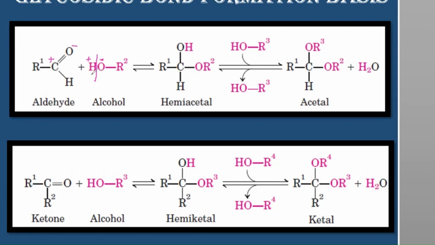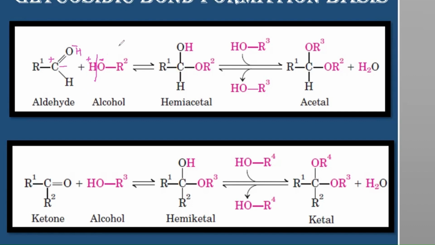So this hydrogen gets attracted towards this oxygen over here and forms a bond with it, and this negative OR group makes a nucleophilic attack on this positive carbon. It gets attracted towards it and forms a bond with it.